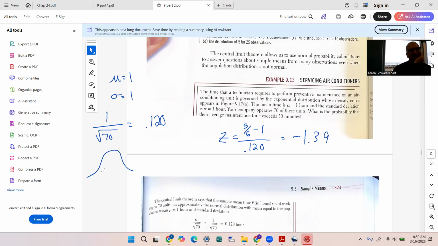We're looking for, this is the 50 mark. This is the 60 mark. We're looking for this side. So I need to do 1 minus what I get in the table, right?